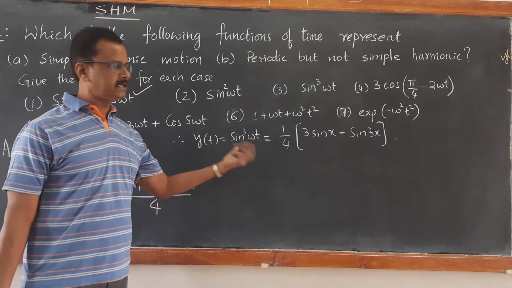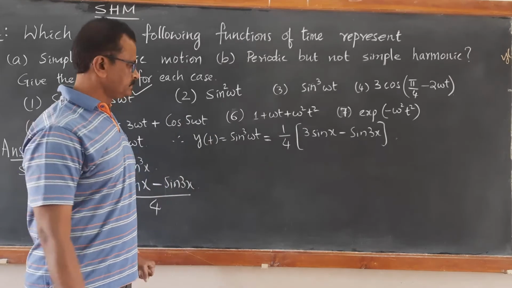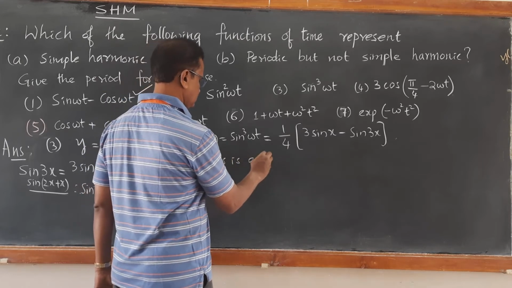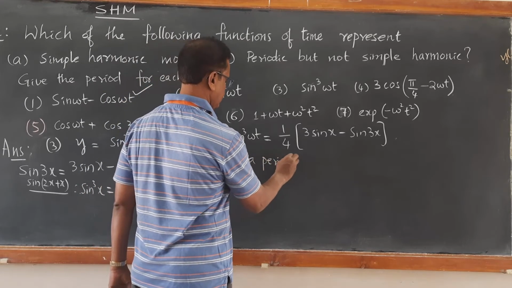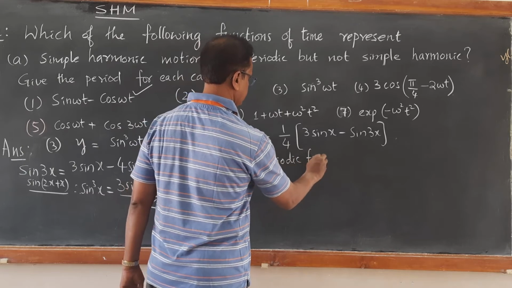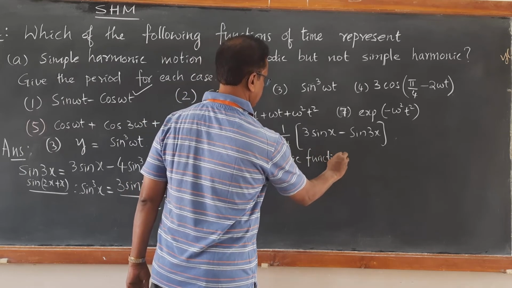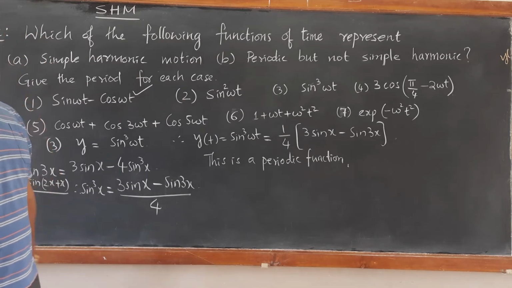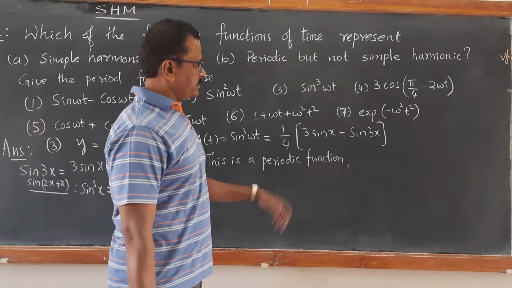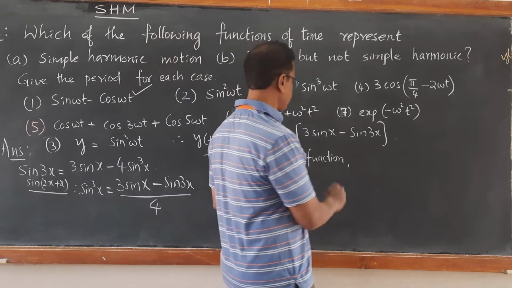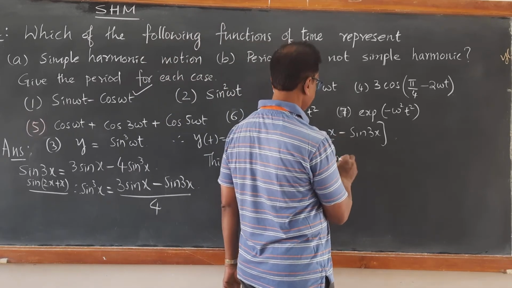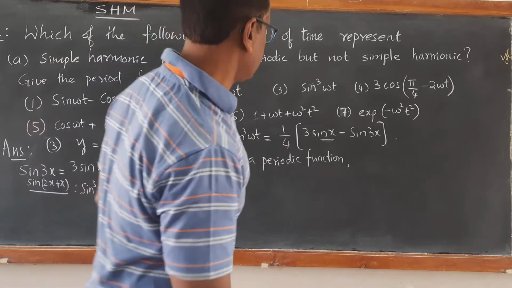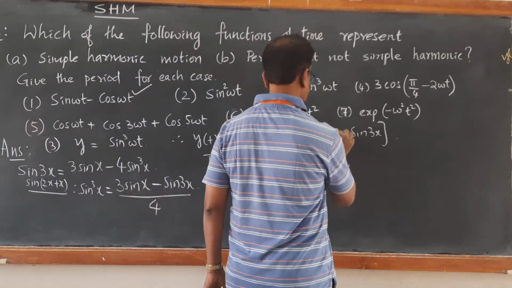So definitely it is a periodic function. Periodic function, right? What is the period? I have to write in terms of omega t, so it is not x, it is omega t.